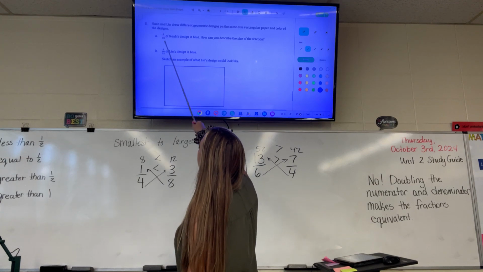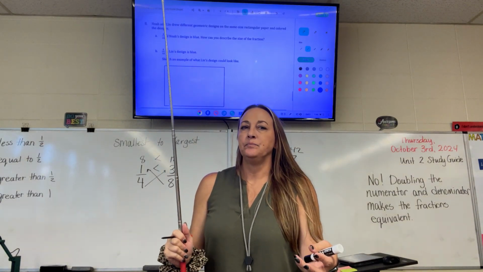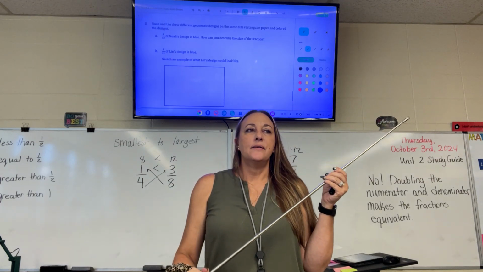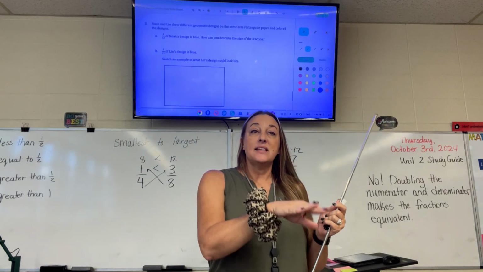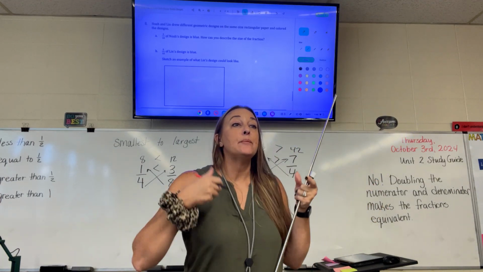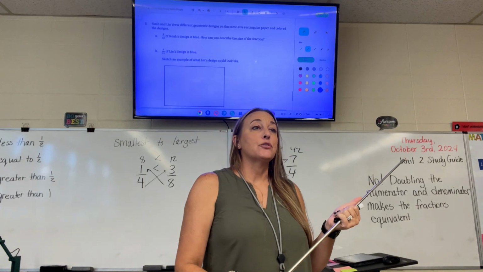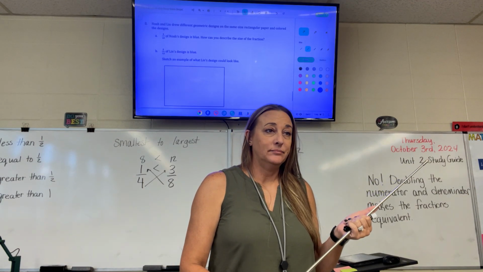So how can you describe that fraction? What's it look like? Avis? It's less than half. It is less than half, you're right. But what's it look like if you see a picture of it? If you see a picture of 4/10, what do you see?